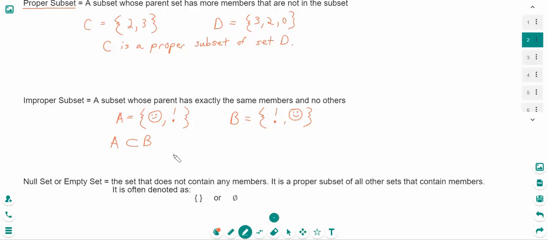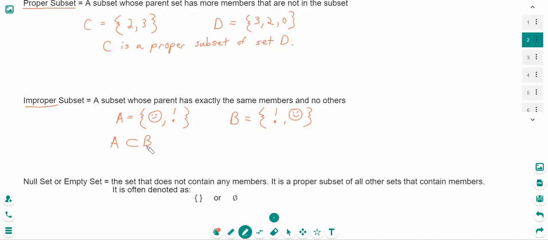This is true. But is it a proper subset? No, it's not, because they are exactly the same. They are equal. They are equal sets. So they are not a proper subset. And that's why we call it an improper subset. And the interesting thing about an improper subset is then it would always be true that we can also reverse these two. It's like a two-way street.